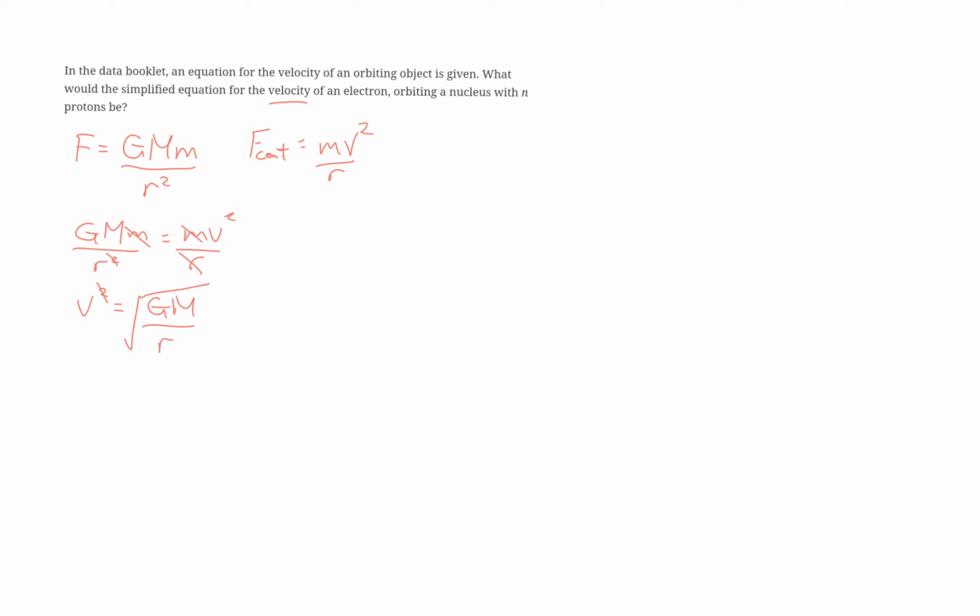Right, so how does this relate to our question? Well, that's what they did for an object orbiting a large body. Now let's think about this for an electron. So the force in this case is going to be K Q1 Q2 upon r squared, and the other centripetal force is going to become a little bit more complicated because this remains as mv squared upon r.